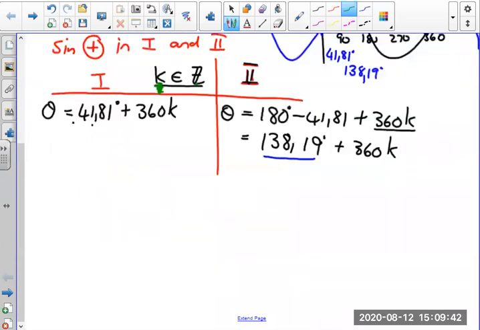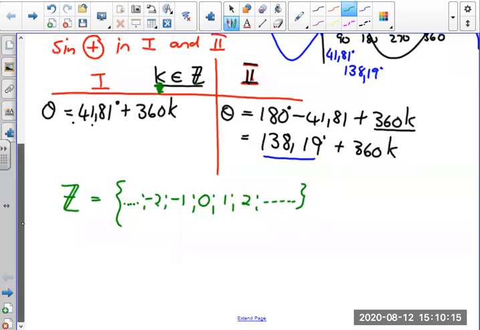Z is the set of integers, meaning whole numbers. So it's 0, 1, 2, etc. But it's also minus 1, minus 2 to the left. Okay. So if you add or subtract one period, you get all the possible answers. And that is exactly what general solution is.